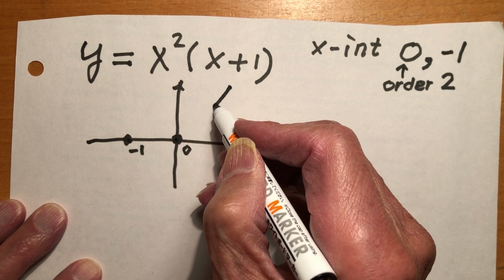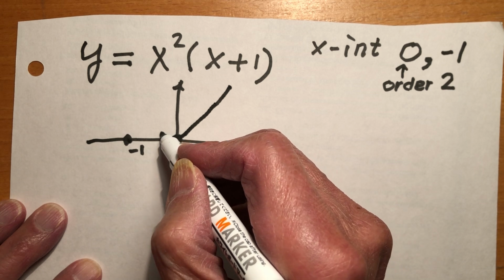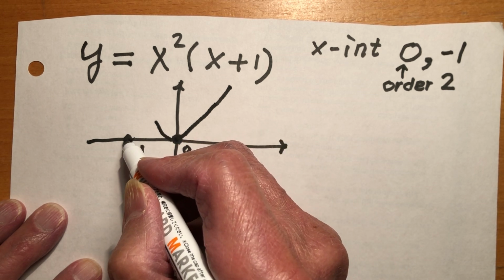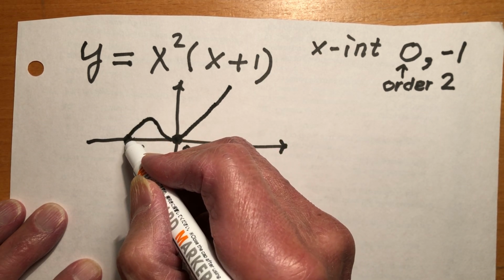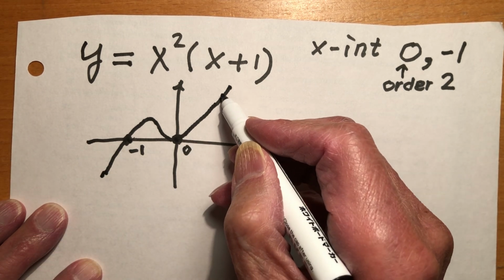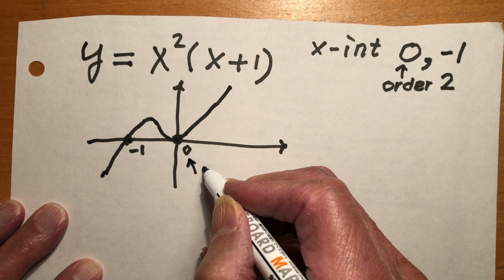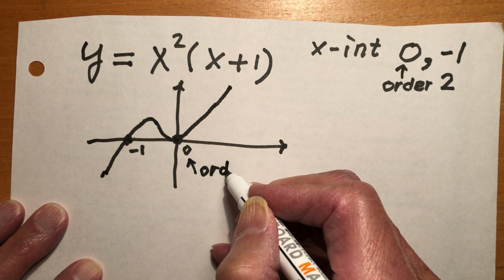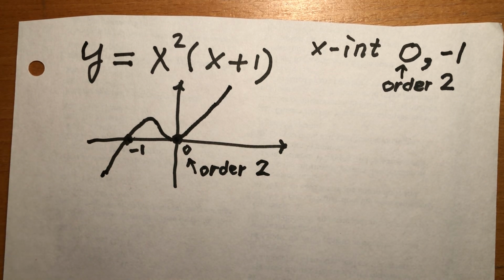No. For order 2, I just touch it. But this is order 1, you see? Order 1, I need to cross it, okay? So this is the graph. This is order 2. Okay, so that is the graph.